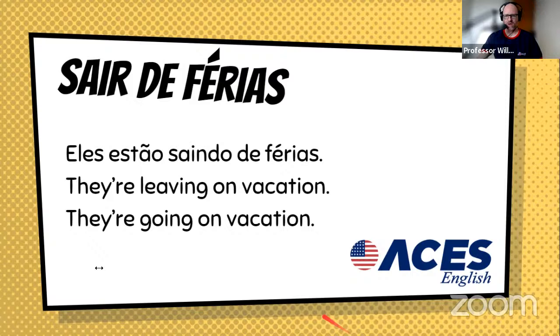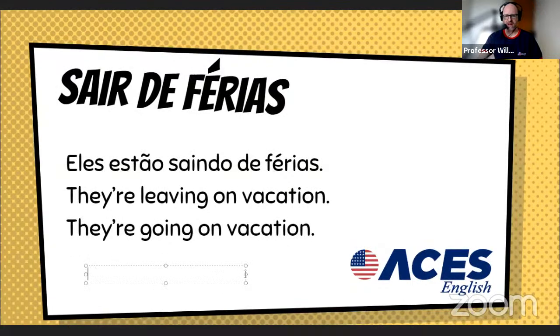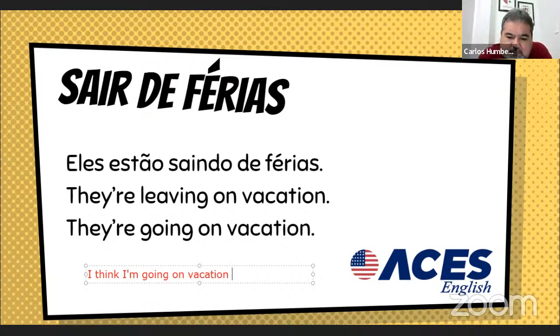Okay. So in this case, I think I'm going on vacation. So if we use days, we use on. So on Monday, on Tuesday, on October 20th. But for months, we use in December or January.